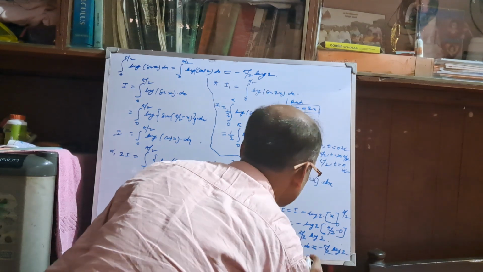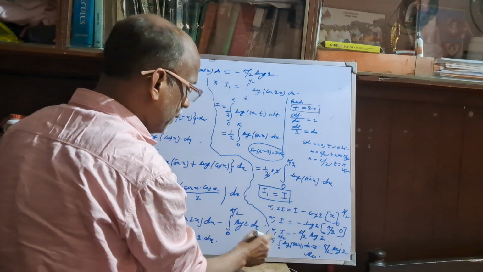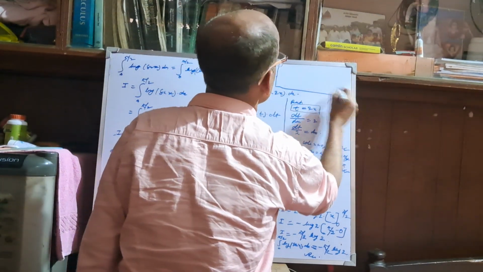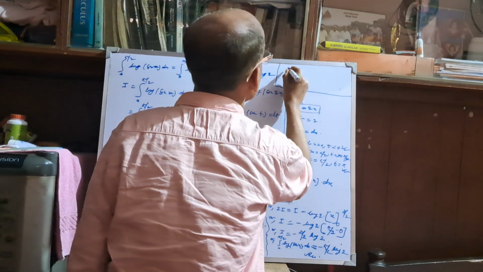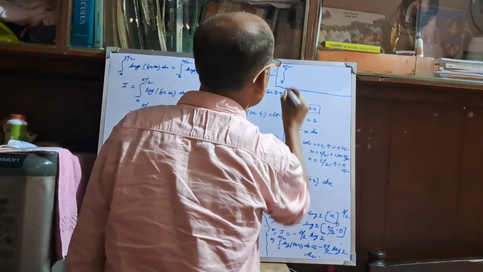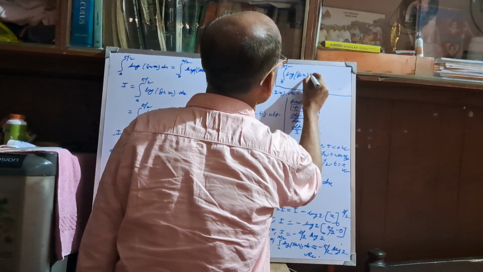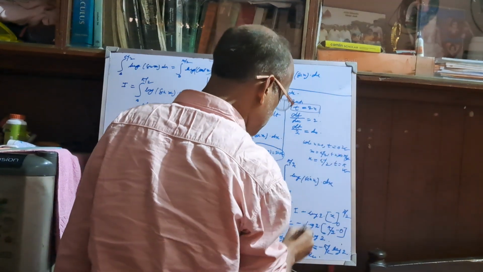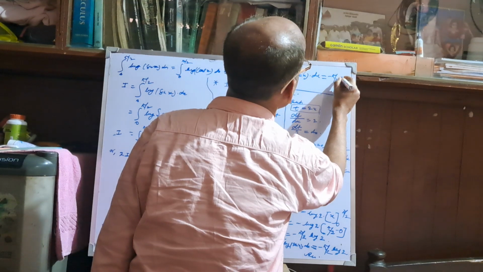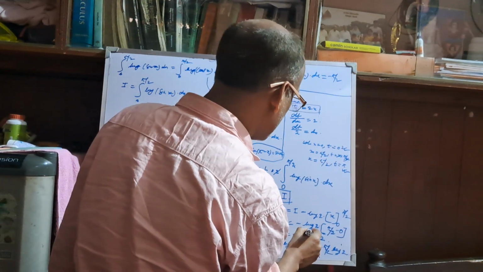Okay. So this is the final answer. I am writing the answer. I am getting here 0 to pi by 2 log of sin x dx is equal to minus pi by 2 log 2.